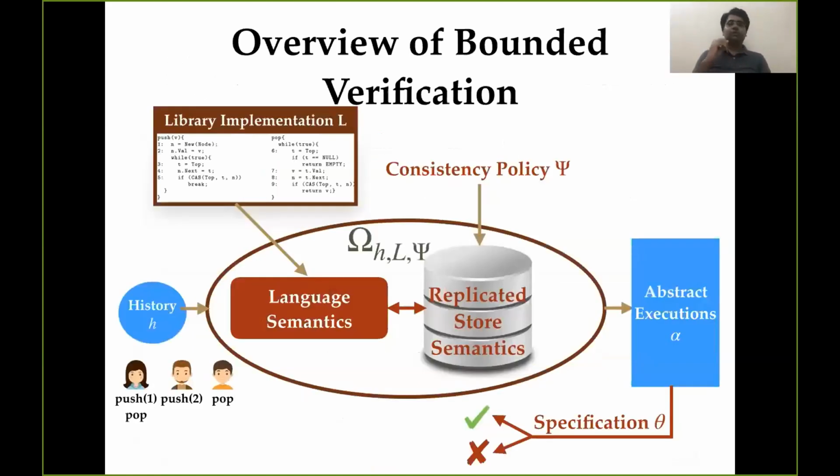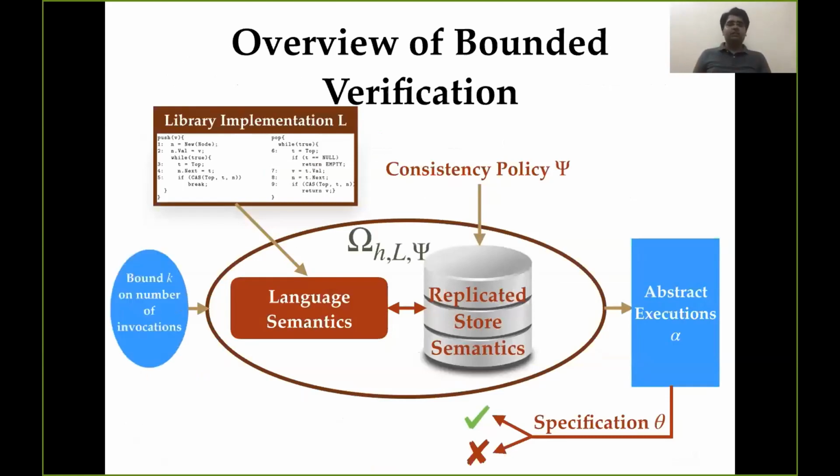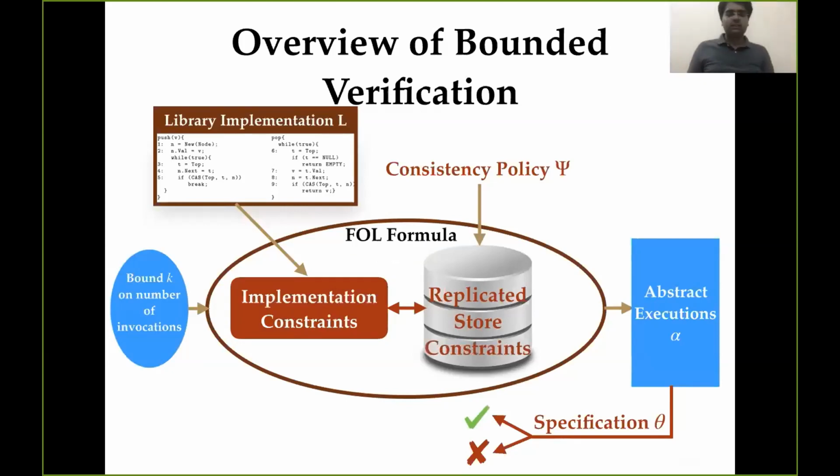Our verification framework closely mirrors our operational semantics. In particular, instead of taking an actual history H, we take a bound k on the size of the history, or the total number of invocations that are present in the history. This basically limits the total number of read and write events that can be generated. We then encode implementation constraints and replicated store constraints, which are going to constrain the structure of these events.